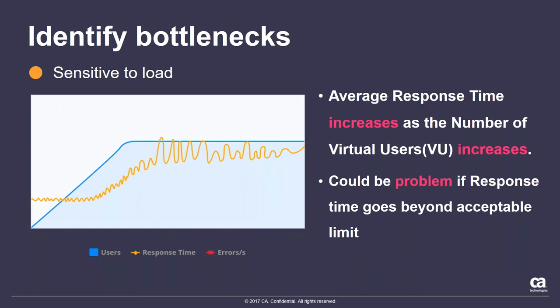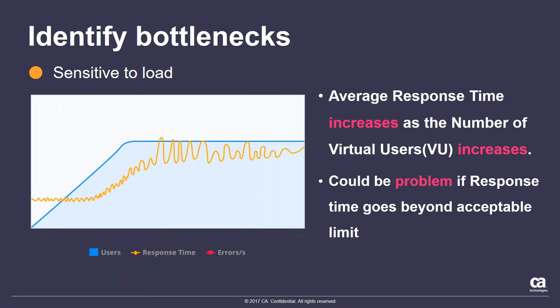And this is another instance where you are experiencing some activity, in the sense there is a sensitivity to the load. That means the application responds fine initially, but as the number of active users increases, it experiences a spike in the response time.